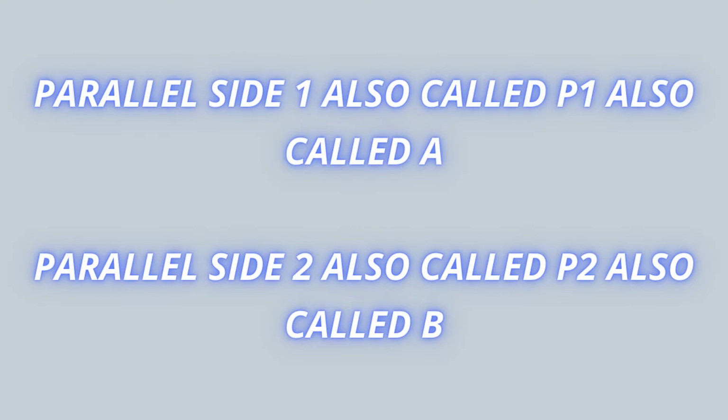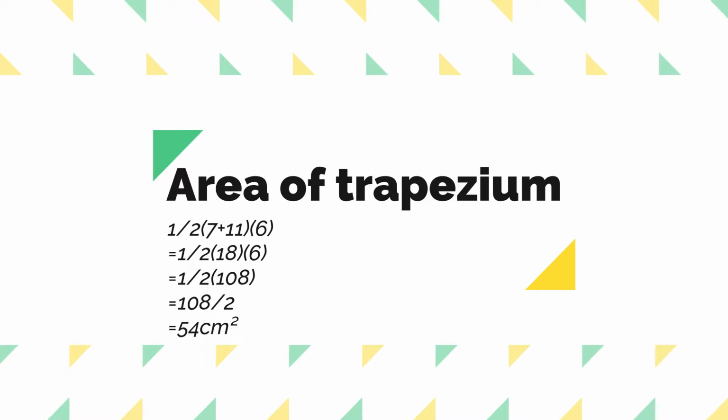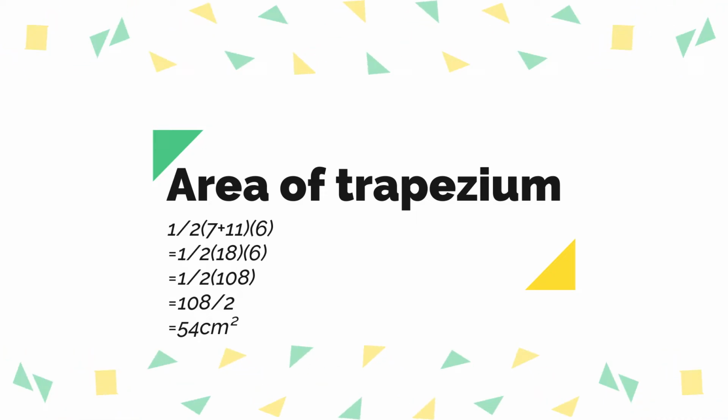Parallel side number 1 can also be known as p1, and parallel side number 2 as p2. Parallel side number 1 can be denoted as A, and parallel side number 2 as B. So 1 upon 2 (A plus B) multiplied by H is equal to area. So 1 upon 2, 7 plus 11, multiplied by 6, and then we can get our area. The solution is on the screen right now.